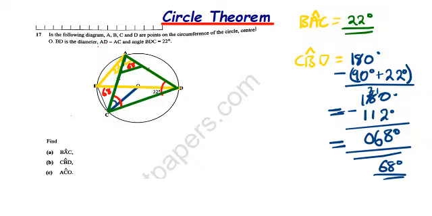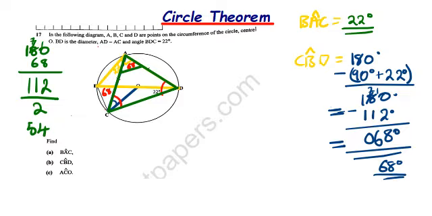When we say 180 minus 68, there's a 7, so I'm going to get 2, that is a 1 and a 1, so I'm going to get 112. This 112 I have to divide by 2 because the addition of angle C and angle D is giving me 112, since these lines AC and AD are the same. So when I divide there, I'm going to have 54.